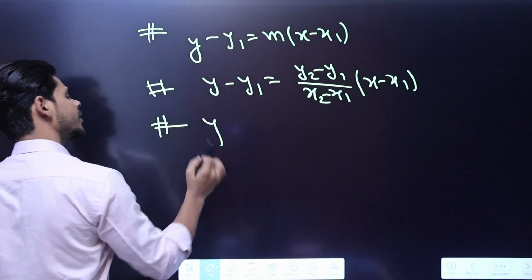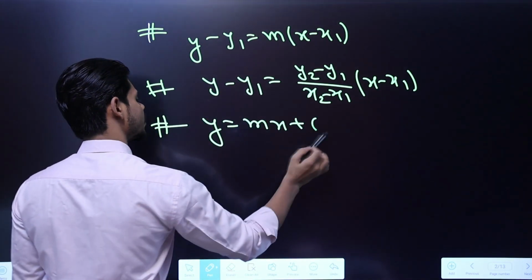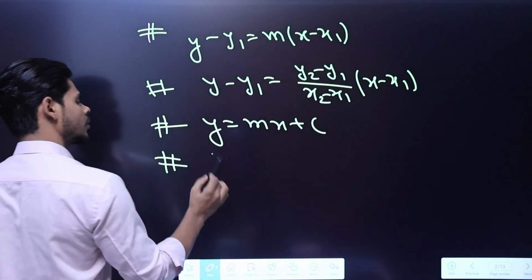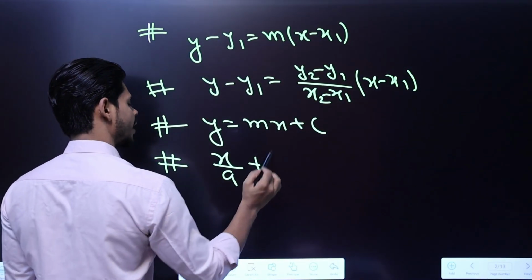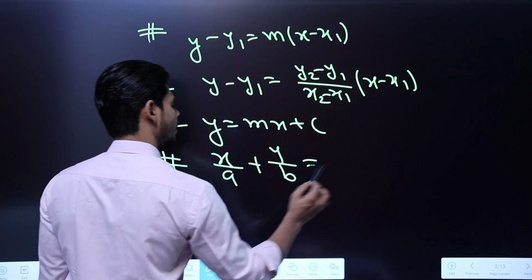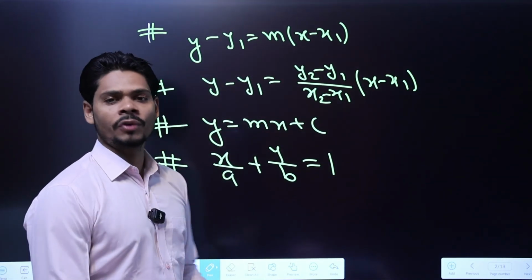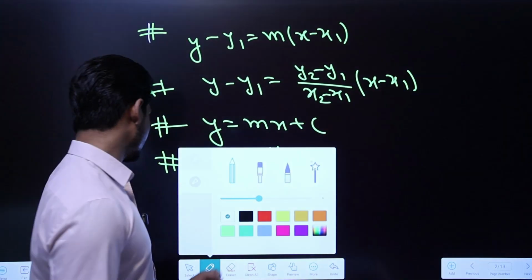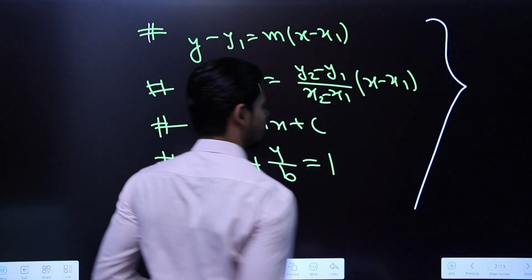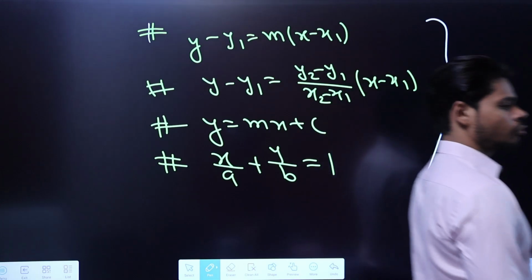Another one was y is equal to mx plus c, and the last one was the intercept form, x by a plus y by b is equal to 1. So these were the equation forms that I explained in the last two sessions.